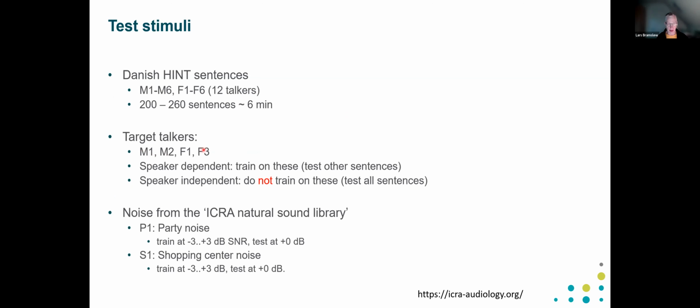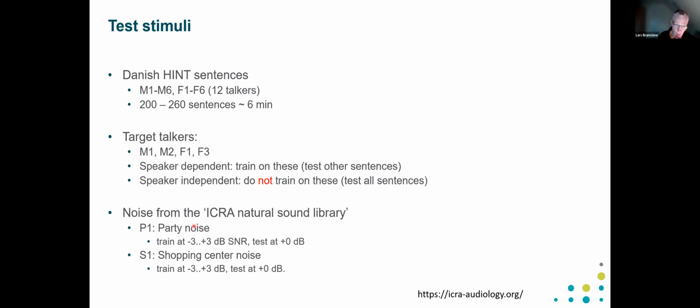We had 4 target talkers that we tested for, male 1, male 2, female 1, and female 3. And when you do it speaker dependent, you train on these particular target talkers, but in such a way that you never train and test on the same sentences, you test on different sentences. And in the speaker independent situation, we don't train on the target talkers, but on all the other talkers.